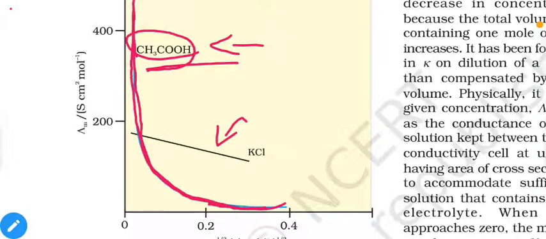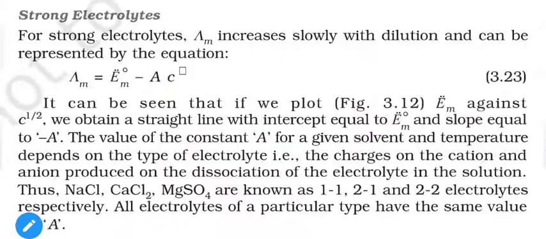Initially their dissociation percentage was low. After a certain low concentration, this percentage will drastically increase and produce a large number of ions, and that's why this sharp rise in conductivity is observed.